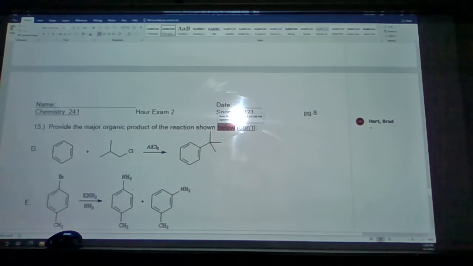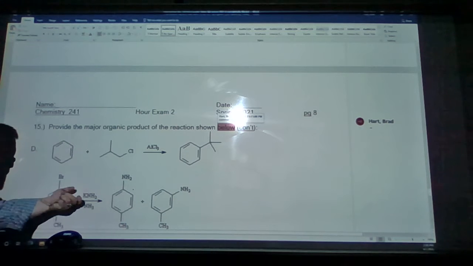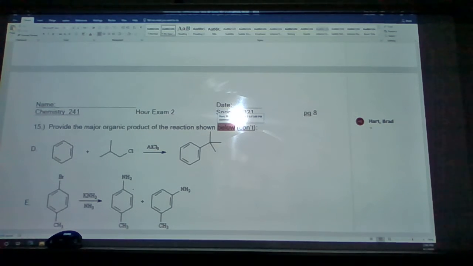15E. The halogen, the sodamide or the potassamide reaction should say the production of benzene.